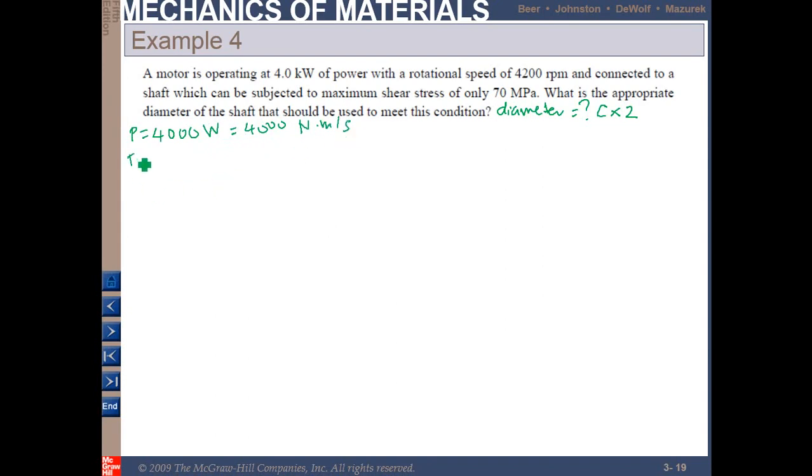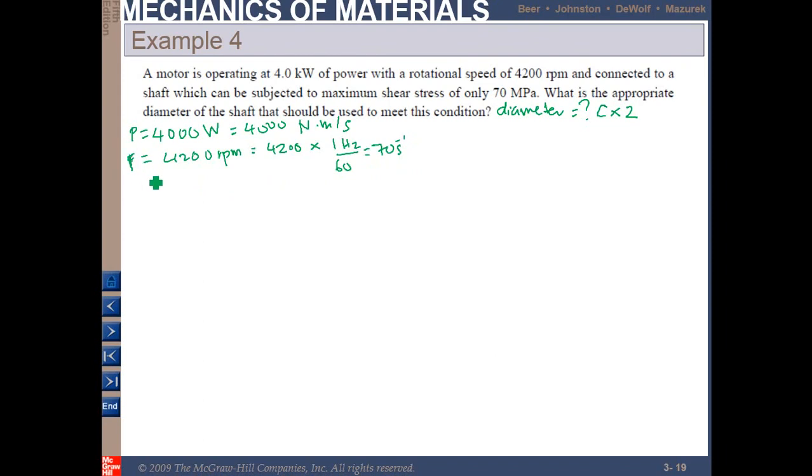And then frequency is equal to 4,200 revolutions per minute. So you can convert this 4,200 revolutions, where 1 hertz is equal to 60 revolutions per minute. So you will get 70 per second for the frequency.